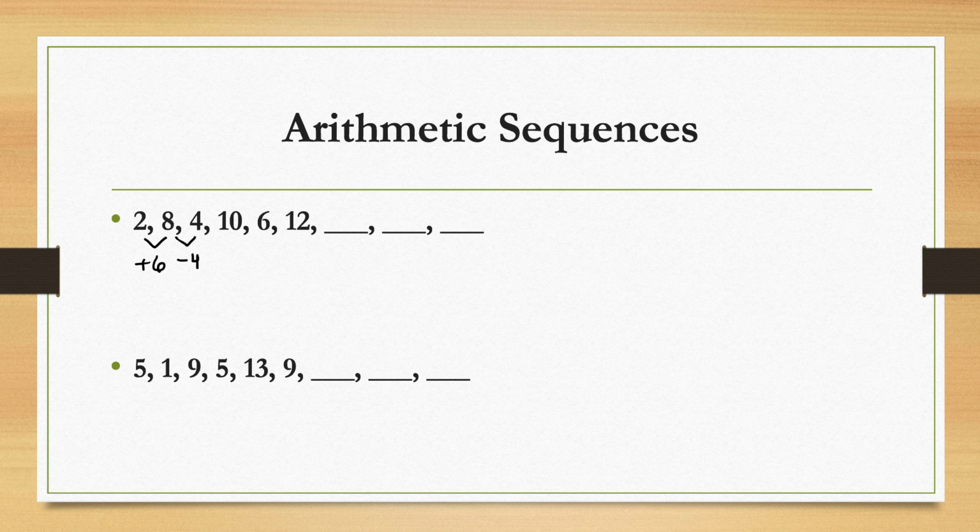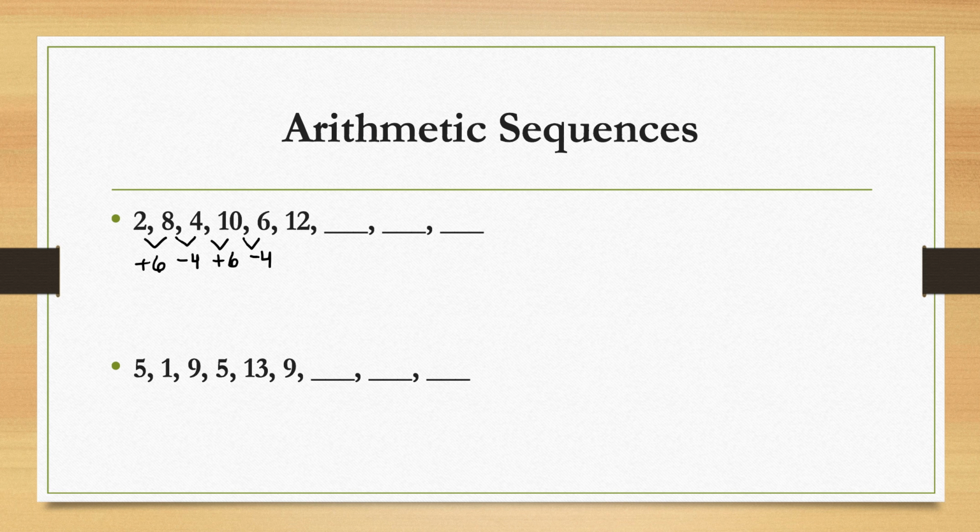All right, so let's keep going. What about from 4 to 10? Well, that's an increase, so that's going to be plus something. 4 plus what gives you 10? 4 plus 6 gives you 10. So you see that it's starting to repeat that pattern. What about here, going from 10 to 6? We're decreasing. 10 minus 4 gives me 6.